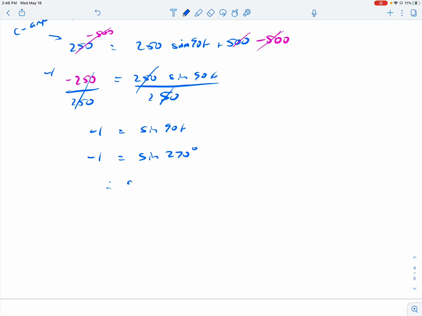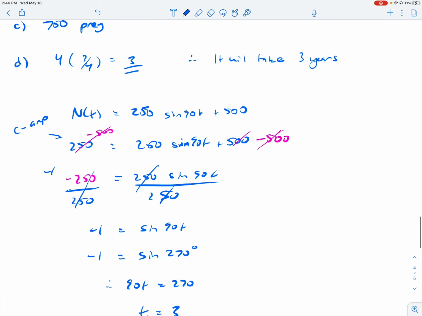Okay, so therefore 90t must equal 270. Divide both sides by 90, and we get 3. Okay. Notice that matches exactly what we had found over here. Right? So 3/4 of the period 4 was 3 years.